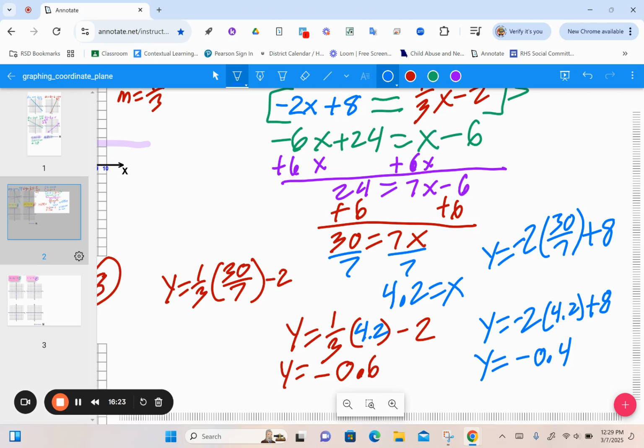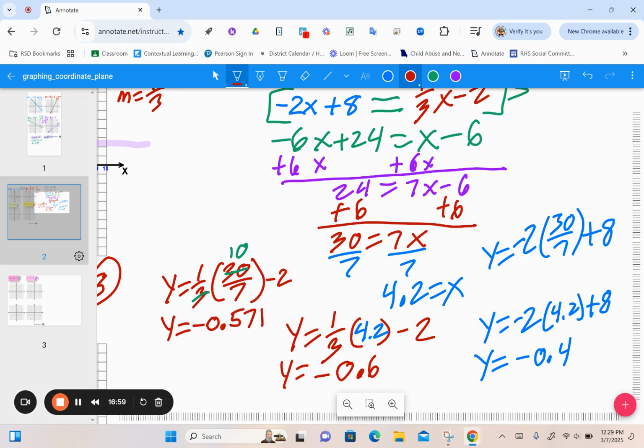Yeah, the 4.2 is a rounded-off answer, so we should get a different answer. But if I do 1/3, I know this goes into this, leaving me with 10 over 7 minus 2, and I'm going to get negative 4 over 7, but I want it as a decimal. I'm going to write it out to 3 places this time, negative 0.571.